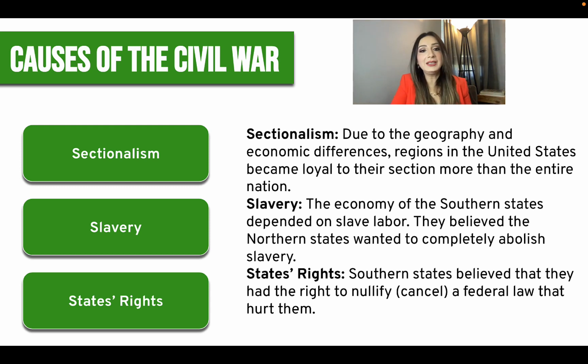And then finally, states' rights, all the way back to the nullification crisis and South Carolina saying tariffs are unconstitutional. And now these compromises, right? That also increased tension between the North and the South. So keep these causes in mind. Sectionalism, the three S's, sectionalism, slavery, and states' rights all contributed to the causes of the Civil War.